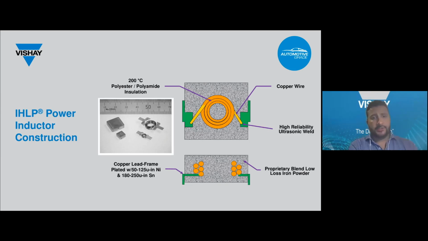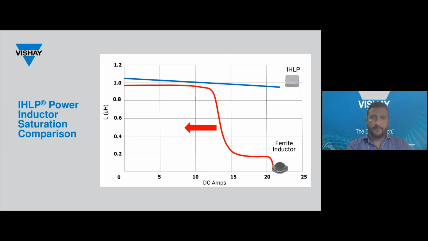The IHLP technology, like I was mentioning, was introduced by Vishay, and it features a very unique construction. Basically, the copper wire was welded at a very, very high temperature, resulting in a very compact inductor. This is the graph that shows the saturation of the IHLP compared to a standard ferrite.